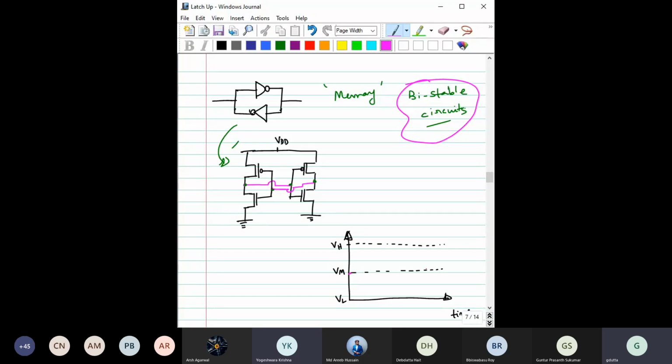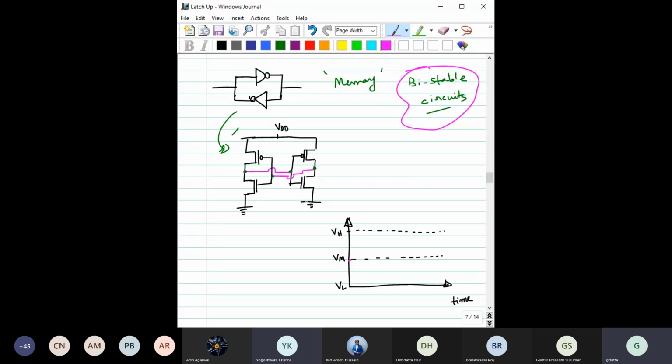Then with respect to time this perturbation will change, and Vm will approach either VL or VH after a certain amount of time.